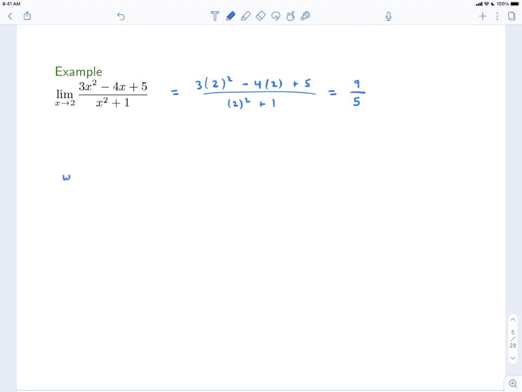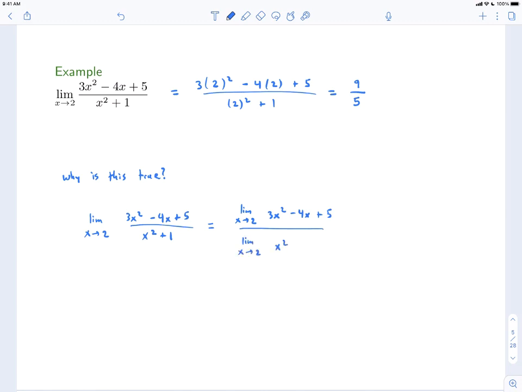Why is this true? We're really just using the substitution rule for polynomials on a ratio. The limit as x approaches 2 of 3x squared minus 4x plus 5 divided by x squared plus 1 is the limit of a ratio. So this is equal to the limit as x approaches 2 of 3x squared minus 4x plus 5 divided by the limit as x approaches 2 of x squared plus 1.